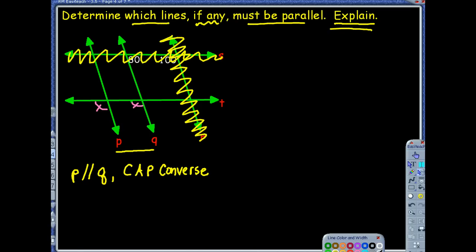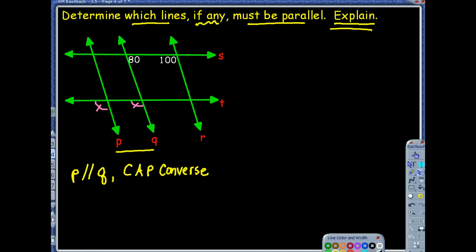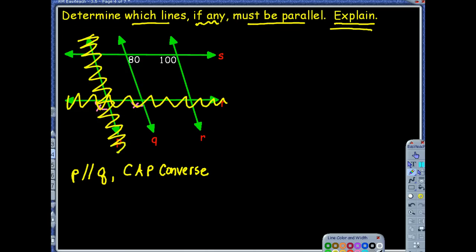So where do you want to go next? Okay, I also see the 80 and the 100. So let's cover up line T, because those are both along line S. And I can cover up line P because I'm really just looking at Q and R. Looking at Q and R, the 80 and the 100 are consecutive interior angles, and those should be supplementary if the lines were parallel.